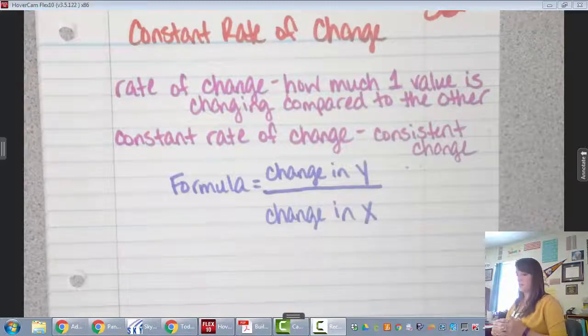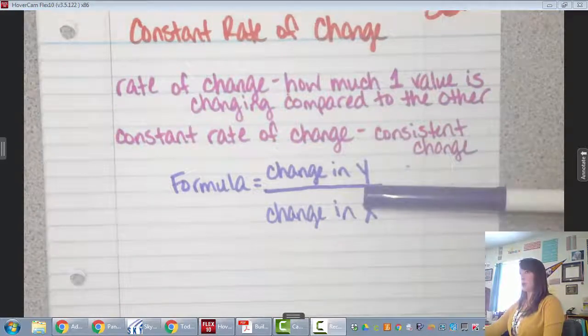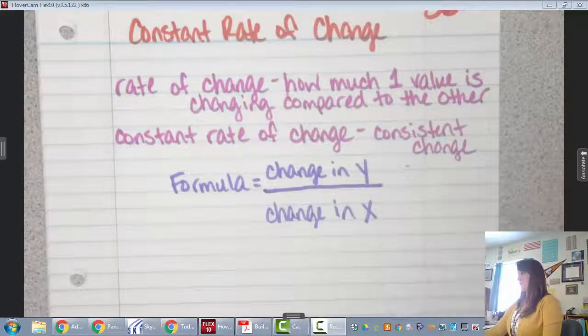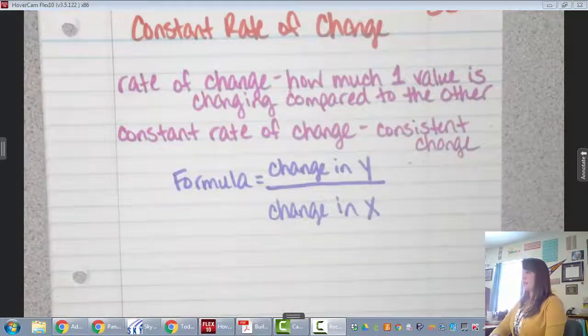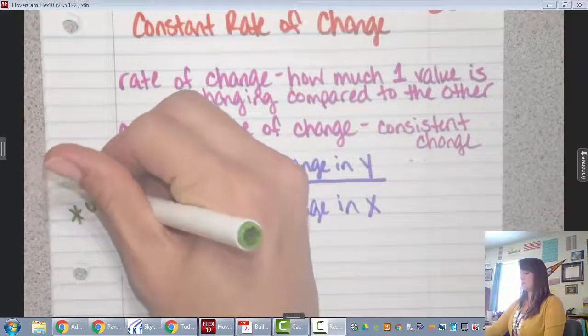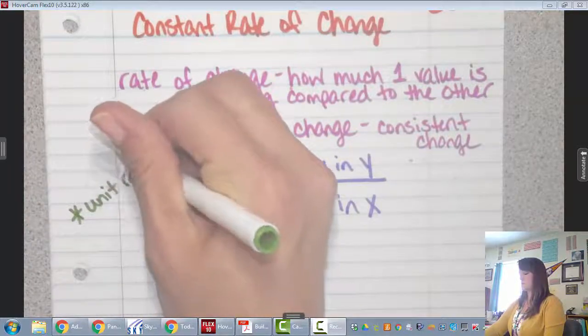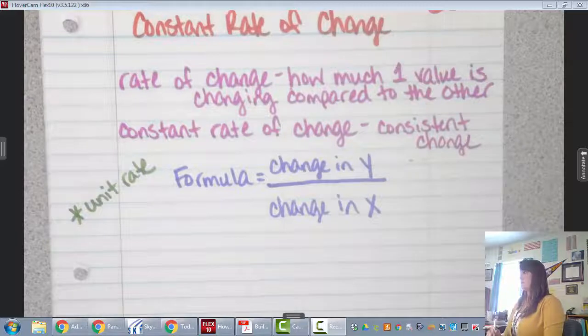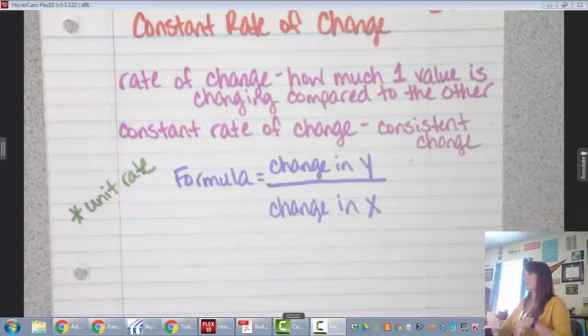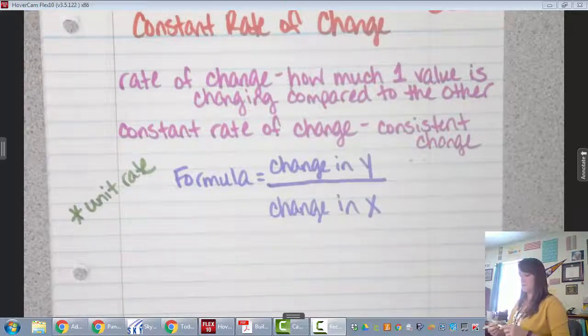Change in y over the change in x. Or like miles per hour. This is basically unit rate. It's basically the same thing. So we've already done this. We're just going to go at it a little bit different and get the same answer.